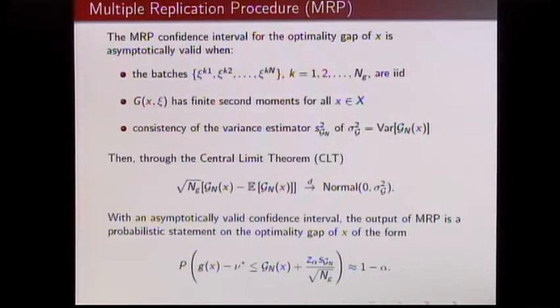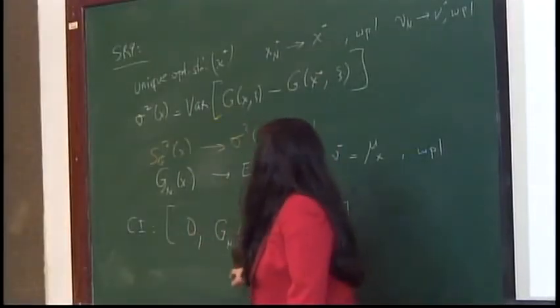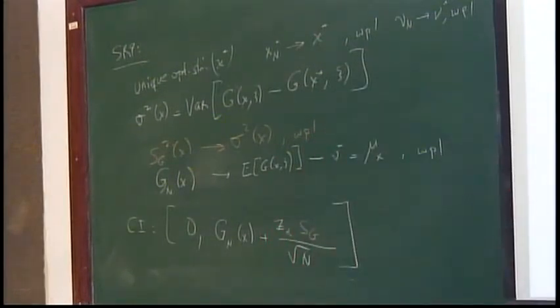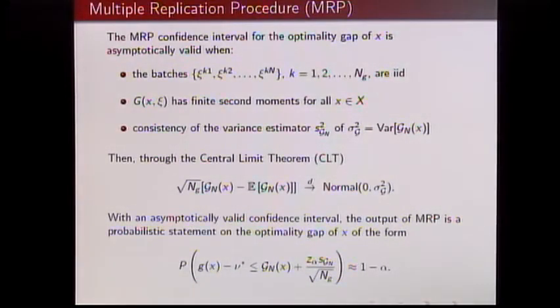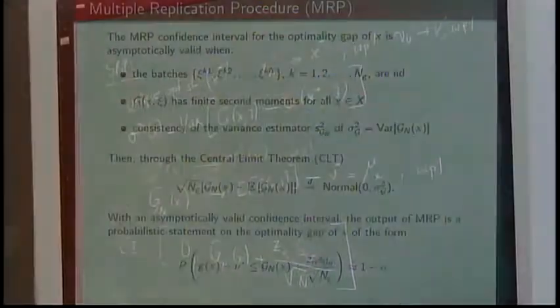You can show in the limit the probability that the optimality gap will be within, not the multiple replication procedure, but this confidence interval, okay, is the worst limit, lim-inf, is going to be greater than or equal to your desired confidence, say 90, 95%. Okay, so you can still show, even though it's not asymptotically normal, or you don't know if it's asymptotically normal or not, you can still show this works. It's an asymptotically valid confidence interval.